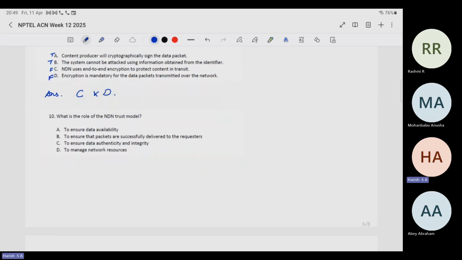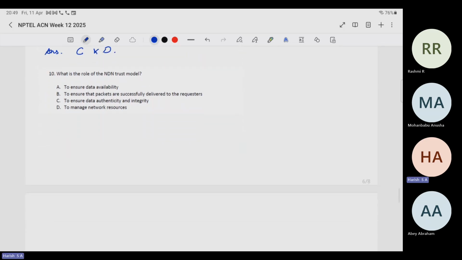What is the role of the NDN trust model? Let me just write this one down.